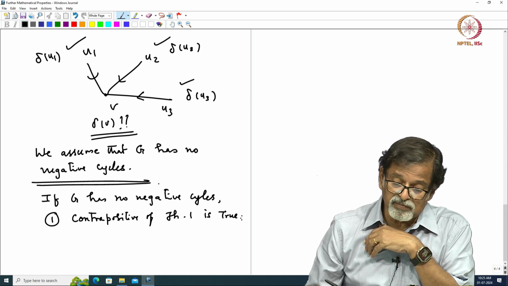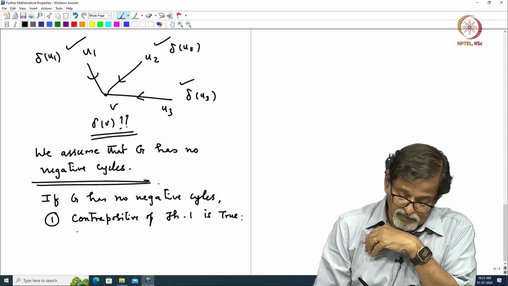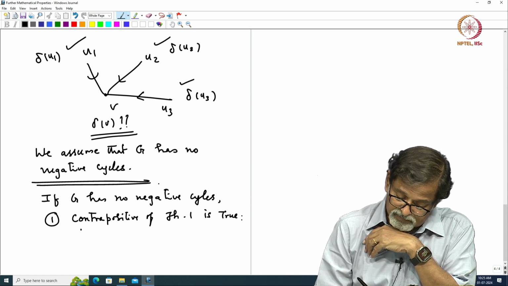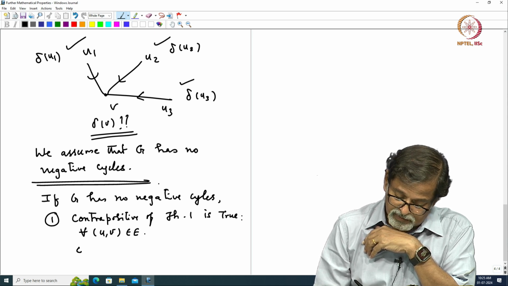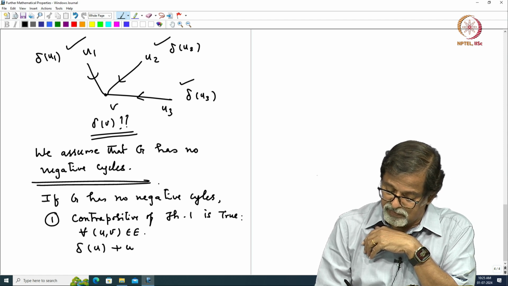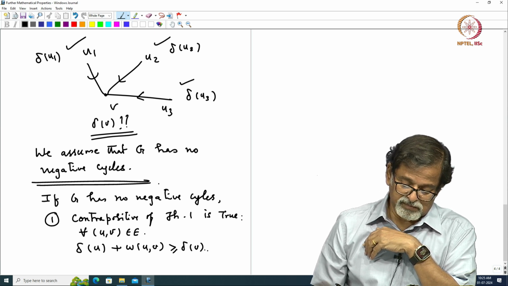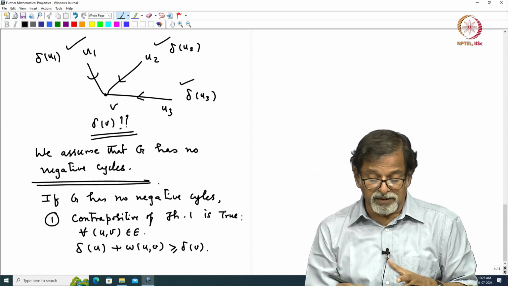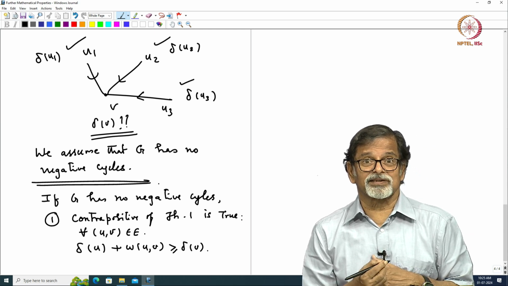That means for every edge, for all (u, v) in E, delta u plus weight of (u, v) is greater than or equal to delta v. A property that we were looking for is true.